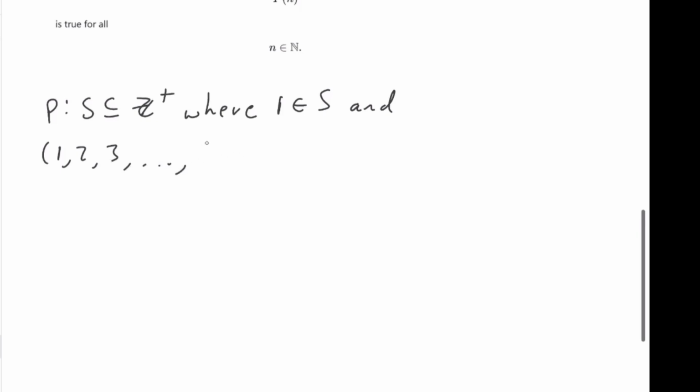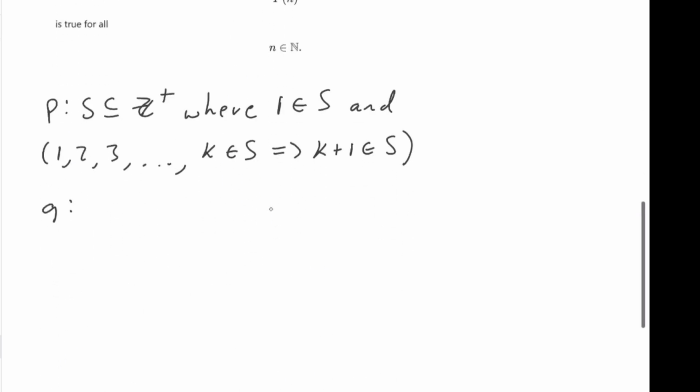P, our hypothesis, is S is a subset of the positive integers where 1 is an element of S, and just like last time, 1, 2, 3, dot, dot, dot, k are all elements of S, and this implies that k plus 1 is an element of S. Okay, so this is our hypothesis, right? And then our conclusion, right?